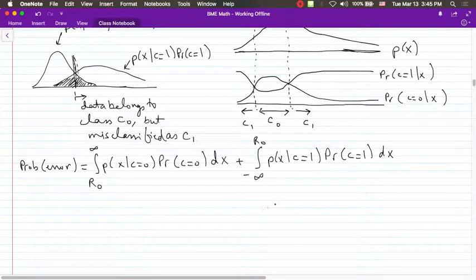So in principle, of course, these areas can be very complicated. You can have unequal variances, vector spaces for x, and places where they are discontinuous that you would have to integrate. And so a useful result that I want to show you is called the Chernoff bound on the Bayes error rate.